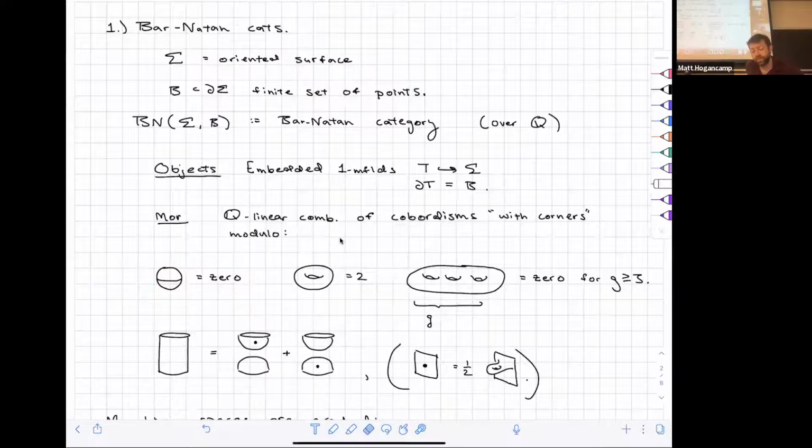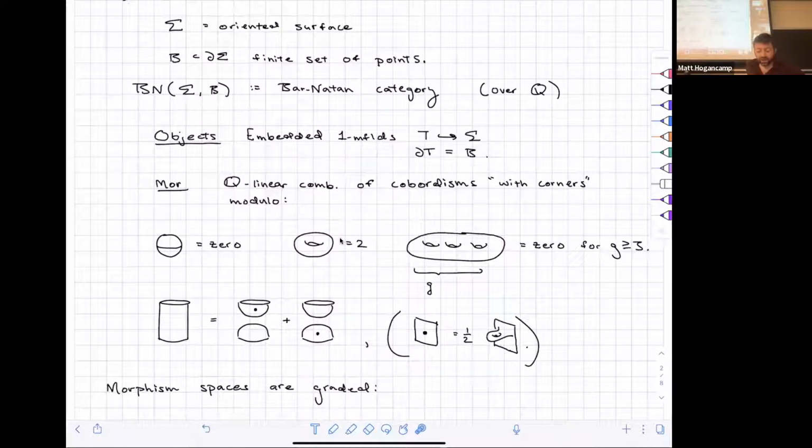If you see a closed component which is a torus, you can delete that component at the expense of multiplying by 2. And if you see any other closed oriented surface, your cobordism is 0. So closed surfaces evaluate in this way. The only interesting one is the torus, and the others are 0.